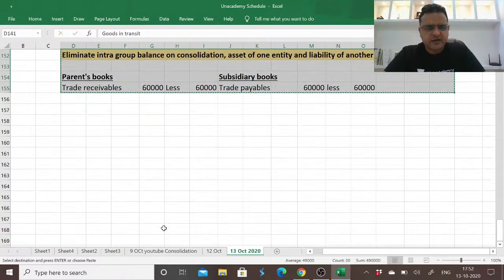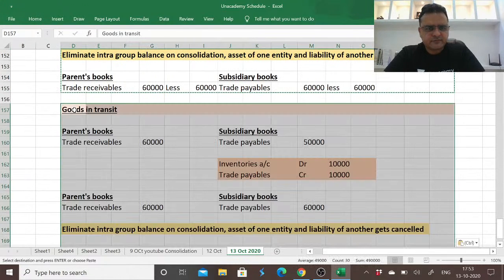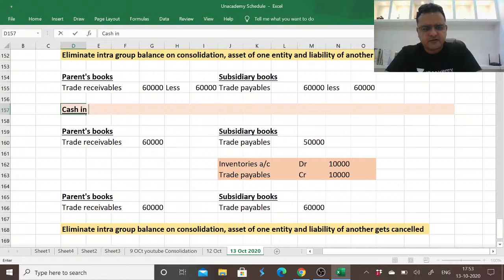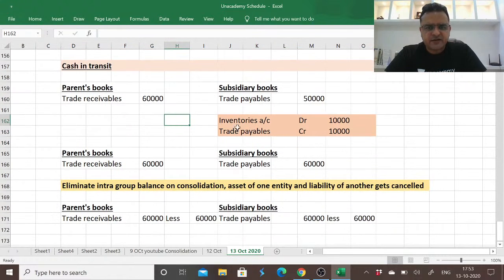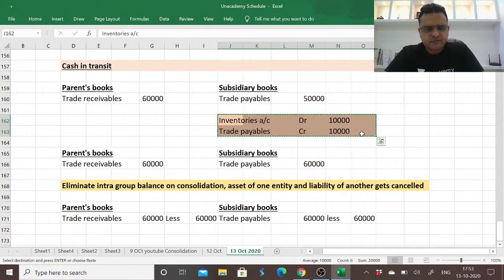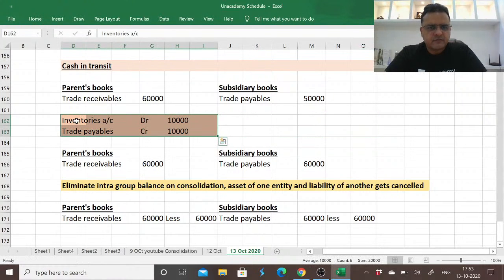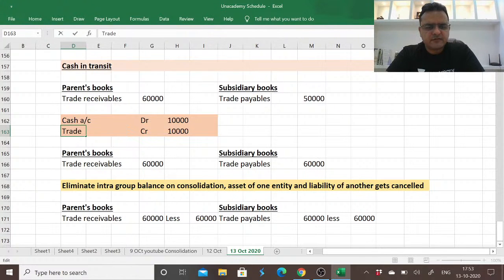The second scenario could be cash in transit. If that's the case, this entry will shift to the parent side. It will be cash account debit 10,000 and trade receivables account credit 10,000.